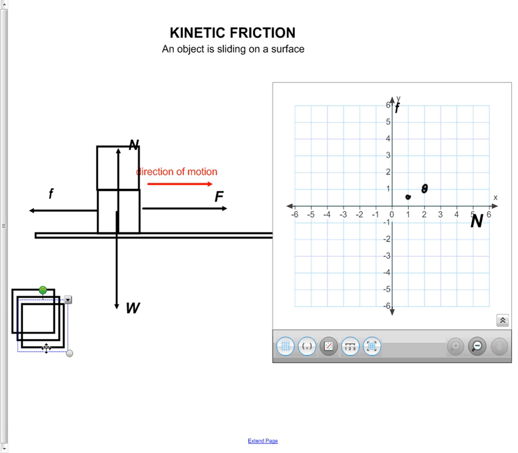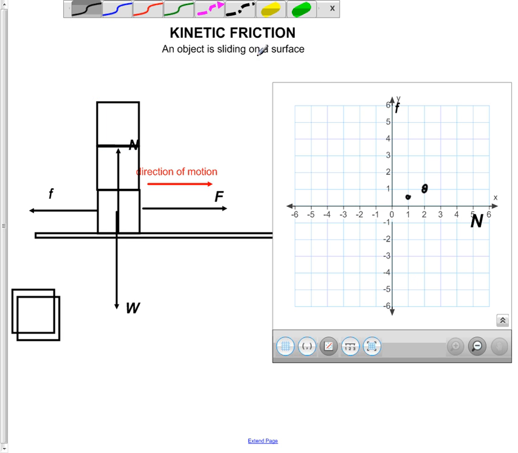Guess what I'm going to do now? I'm going to grab another box and stick it up here. Now I've got 3 boxes, so the weight is 3 times what it was at the beginning. So the normal force is 3 times what it was in the beginning. And once again, to keep this going with constant speed, I have to increase this force F. So I get yet another data point.